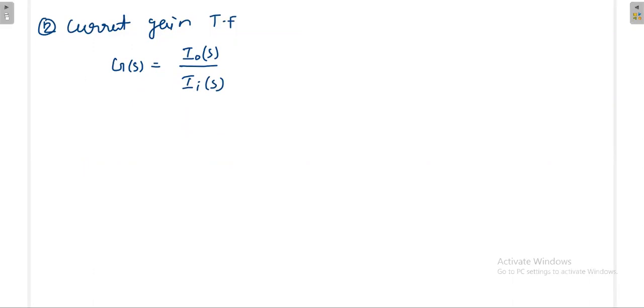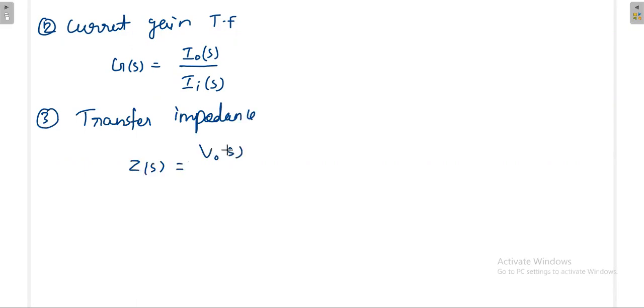And then the third quantity is transfer impedance. That means at the output we are observing the voltage, and at the input we are considering the input current. If it is output voltage divided by input current, then we call it a transfer impedance.